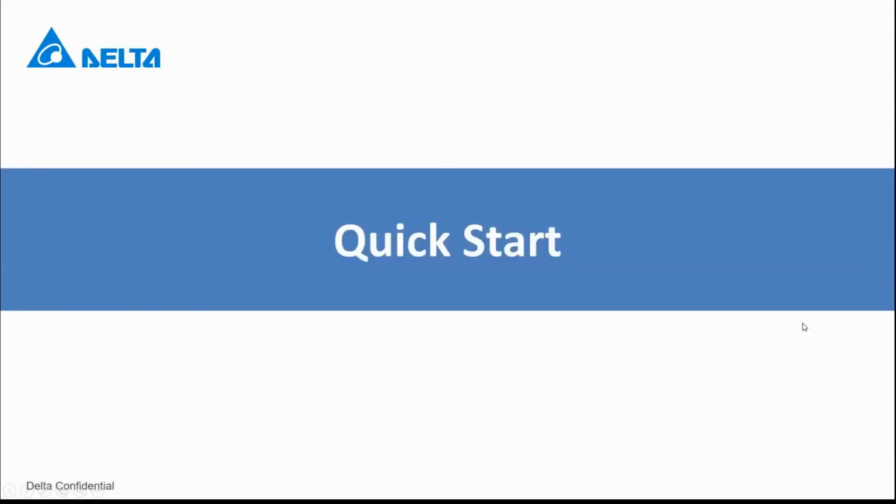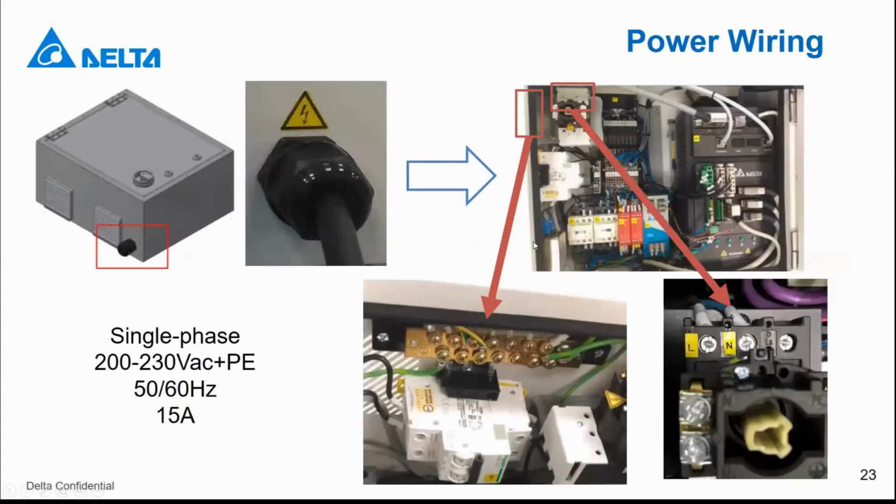Okay, and with all this introduction, we are going to the quick start part. Once you have the robot, how can you quickly start the robot and use it? So of course, first you need to do the power wiring. For the robot controller, we support a single phase from 200 to 230 volt AC with a PE ground.